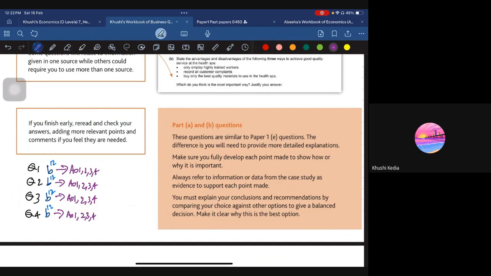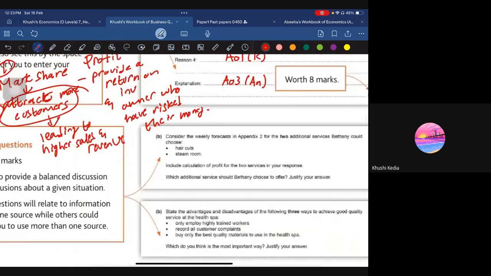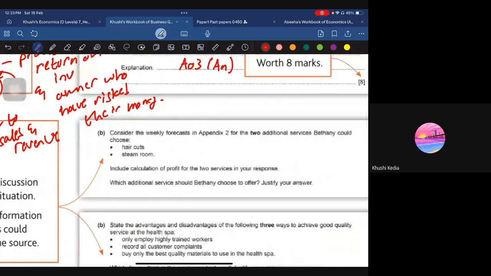Now, if you have to talk about the time, how much time? 12 minutes? Yes, it will be more than enough to do it. Now I want you to first see the two different types of questions coming here.